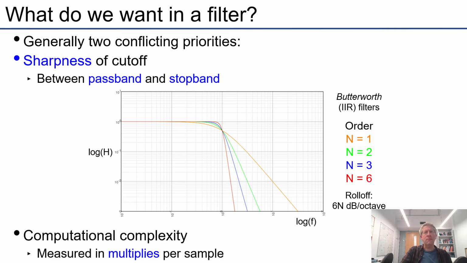What do we want in a filter? There are a huge number of uses of filters when working with audio, but generally there are two conflicting priorities. So when we want a cutoff, we want it to be sharp.